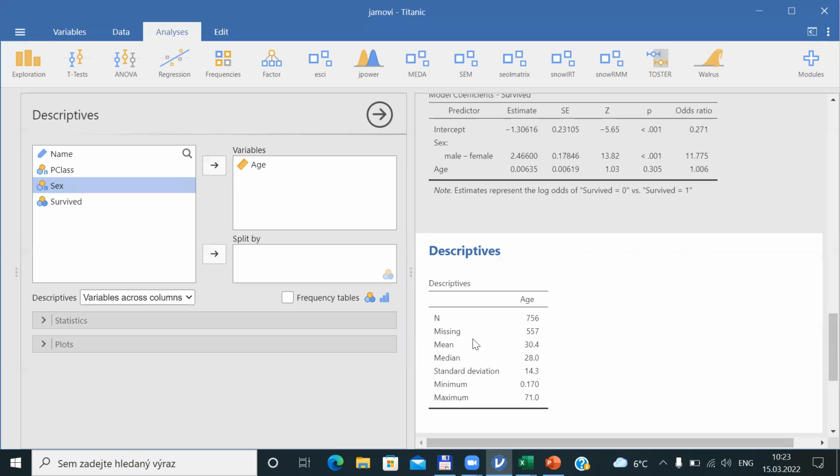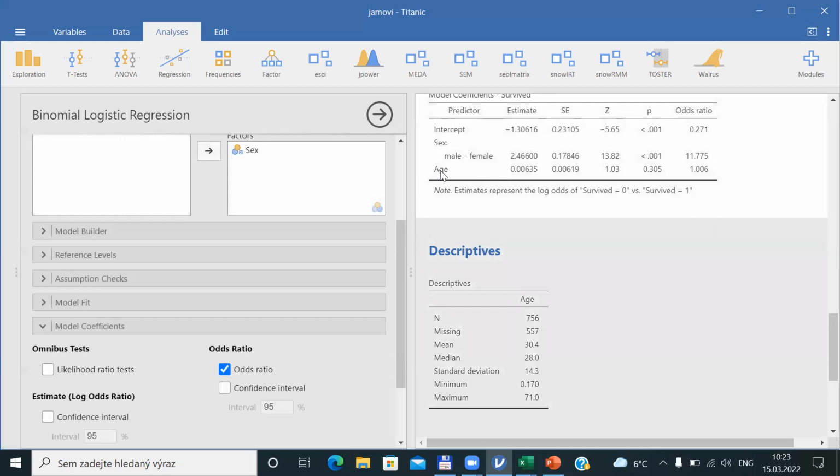That's out of this discussion, but still, the minimum is some newborn child, 0.17 in years, and the oldest passenger currently here is 71 years old. So this is quite a long scale. And if you would like to interpret a 1-year change for comparison of odds to survive or not survive, maybe this is not the best.